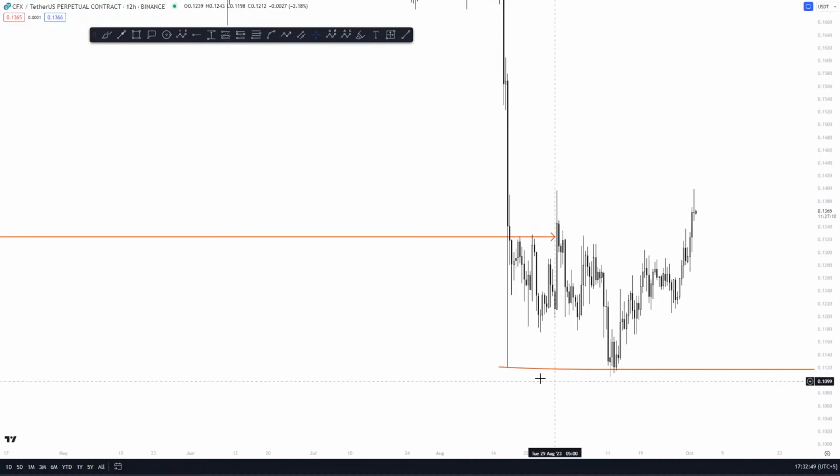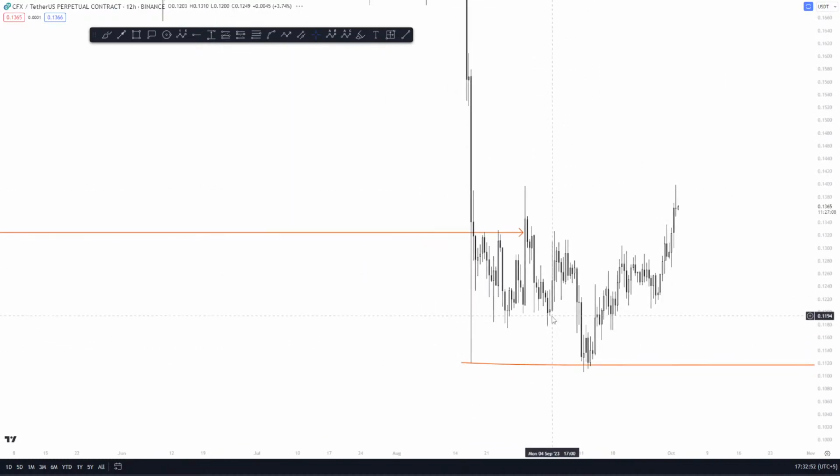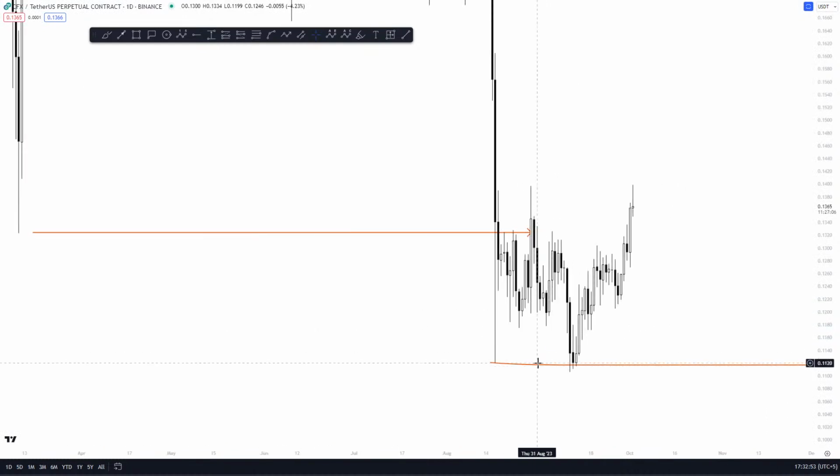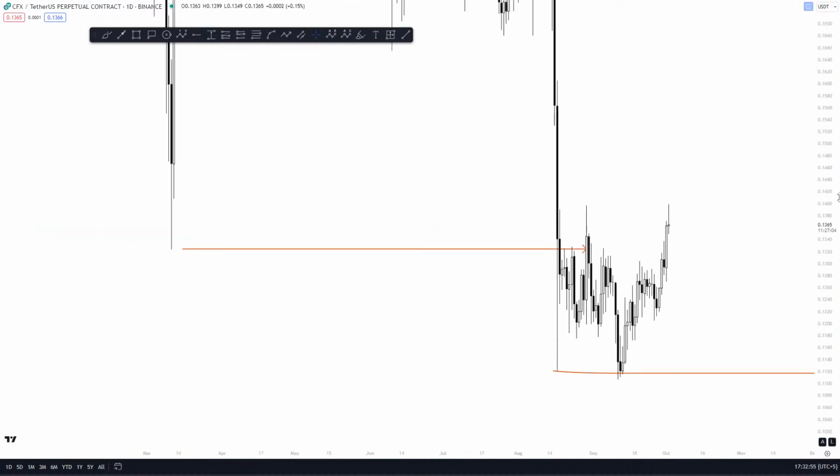Cool, nothing. 1 day time frame, bearish, still we are in a bearish trend.